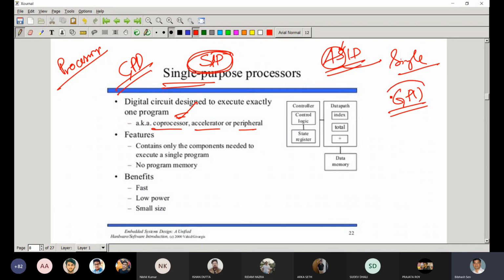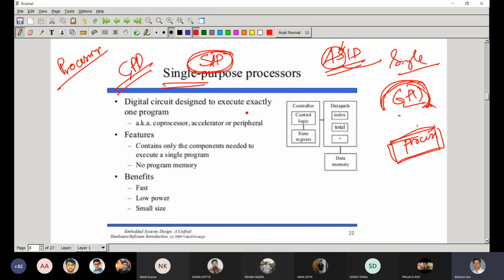It performs only those tasks which are required of it. If you have a main processor unit and some tasks of image processing or machine learning applications, vector computation, you take the help of the GPU, but your main processor should be there. So this concept of single purpose processor is mostly used in these cases.